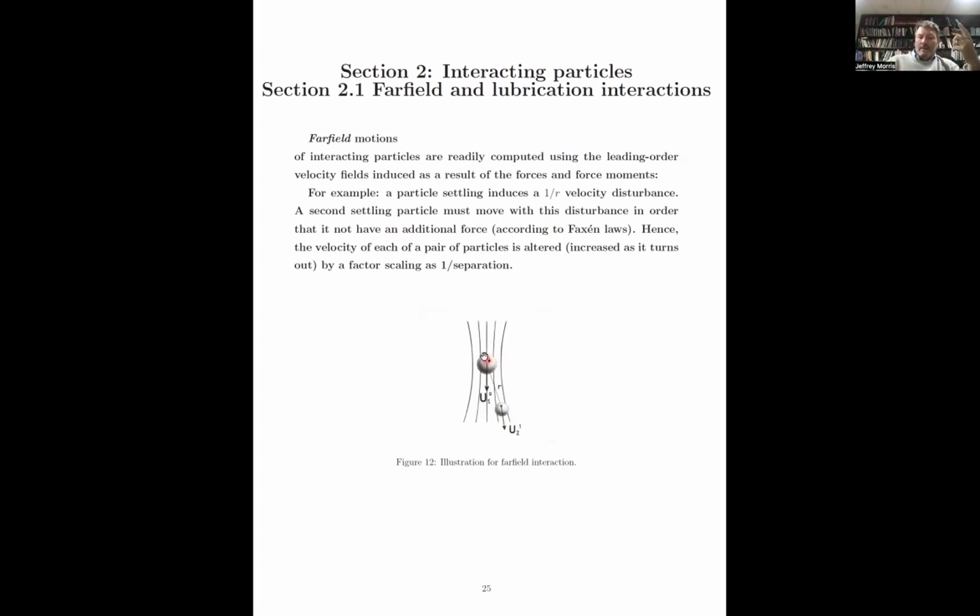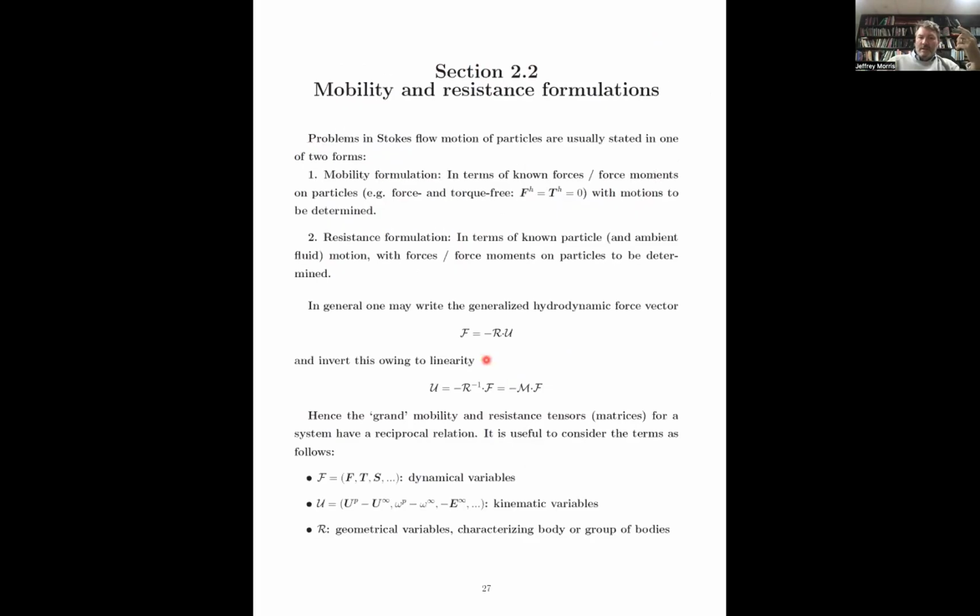But then the resistance formulation would say that I know the particle motion. So suppose I say I'm going to push them straight, force them to fall straight down, then the forces have to be determined. And that would say I would have to actually exert a force laterally in order to do that, right? So you can see how the two problems differ from one another.